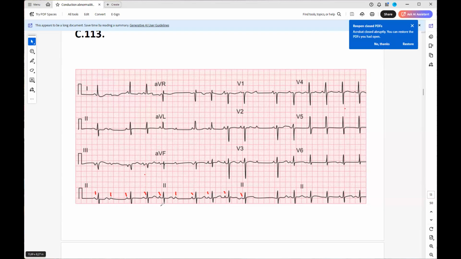It's enough if you're looking at the last conducted PR and compared to the first conducted PR. Are they the same? Yes. So, what does it mean? That's type 2, Mobitz type 2, exactly. Mobitz type 2 second degree AV block. That's it. All right? Good.